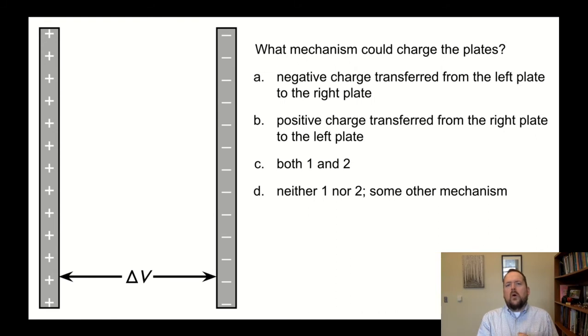So you can make an answer that A is the correct answer here, right? I had to take some electrons off the positive plate through some process, put them over on the negative plate, and that made the right-hand plate net negative, but stripping those electrons off the left-hand plate left that plate with more protons than electrons, so it was overall positive.